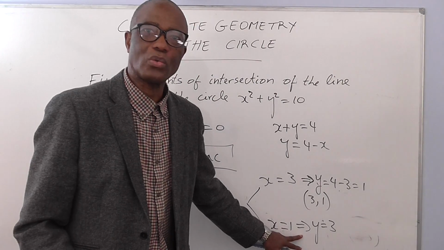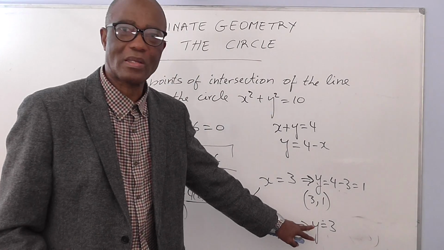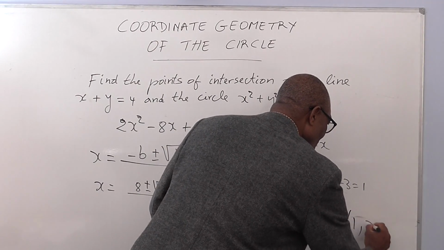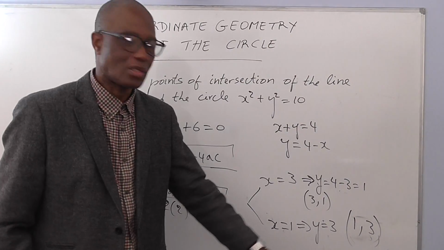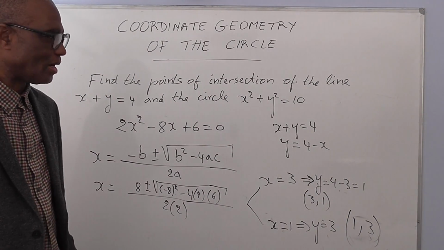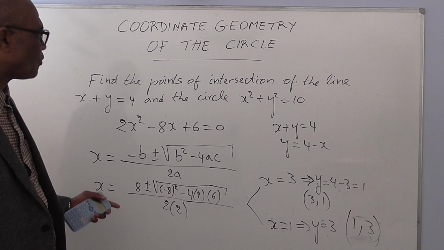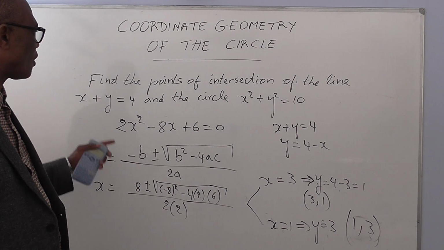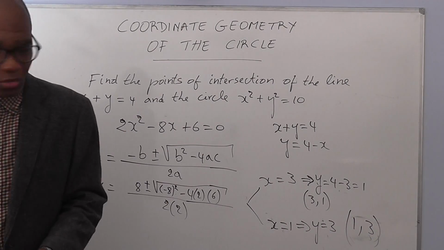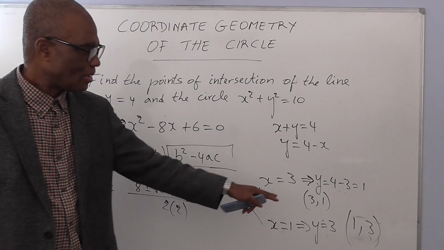Now here, can you see properly here? I think that you can see properly. So the solution will be (1, 3), okay, is our final answer. So find the point of intersection of the line and the circle. And you see, we have 2 points.